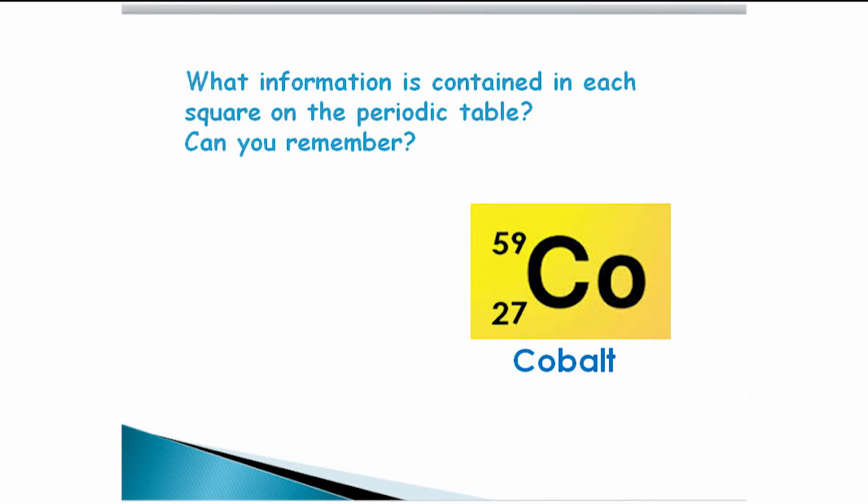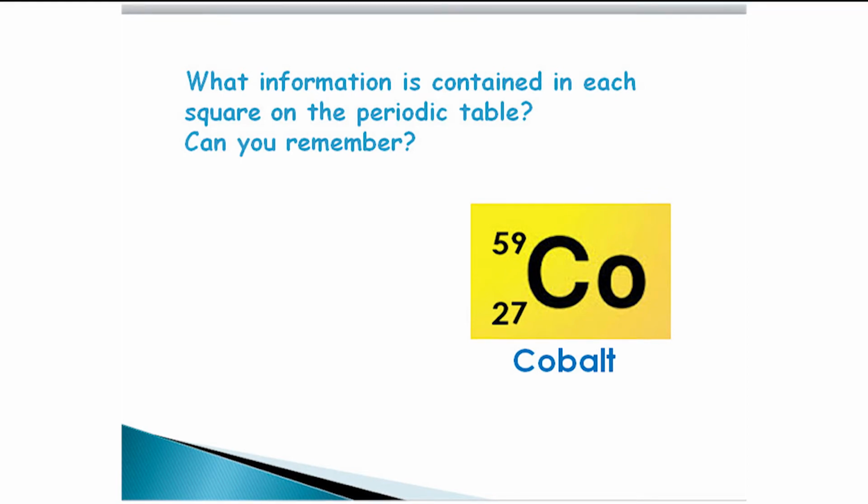What information is contained in each square of the periodic table? Till now, we must be able to know the symbol, the atomic number, and the mass number of each element, and calculating the number of neutrons. Concerning the element shown in front of me, it's clear that Co is the symbol of cobalt.